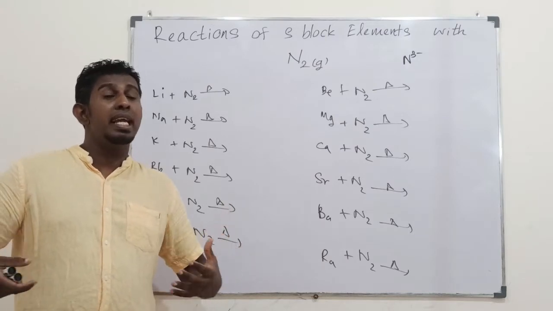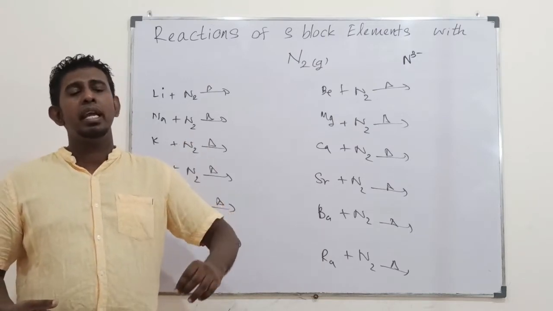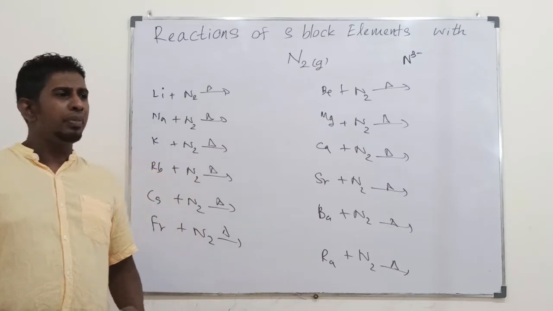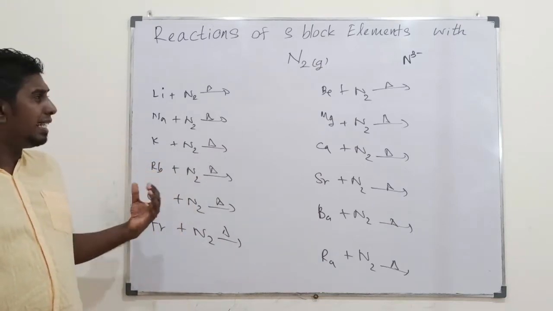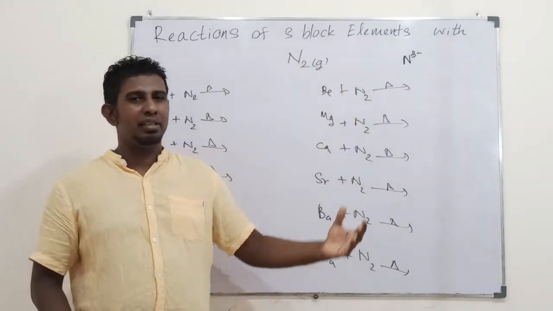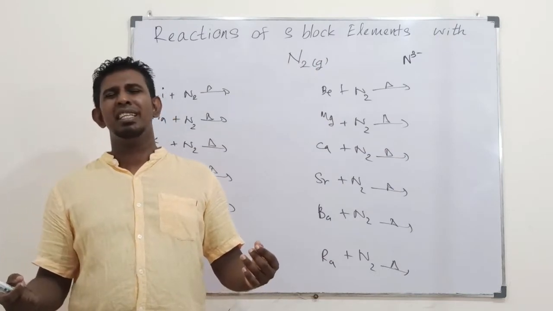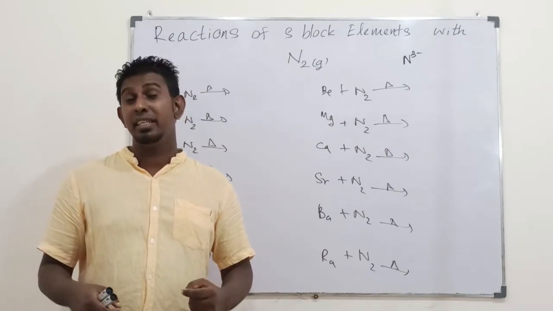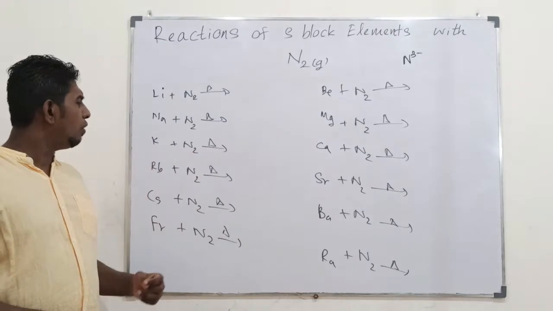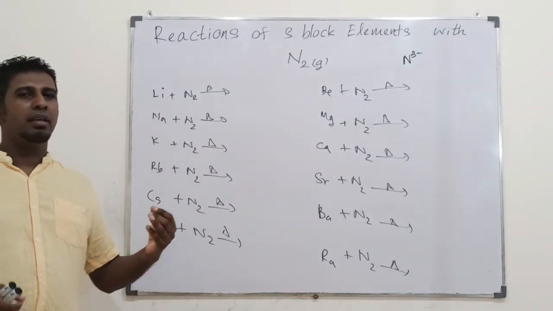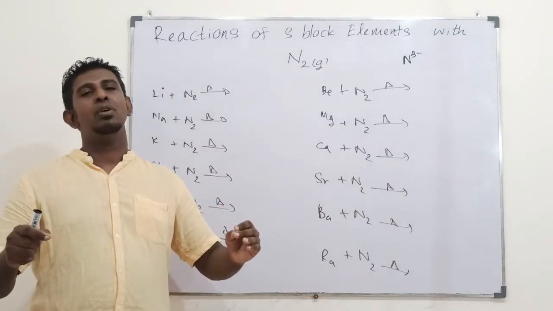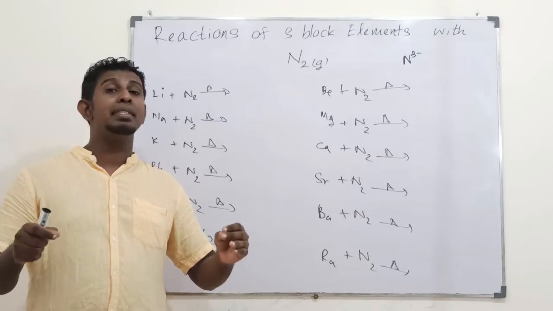With increase of the radius, their charge density would decrease. So they would not be eligible to control that high negative charge, which means their stability is going to decrease. So these first group nitrides are not that stable. Down the group, their stability is going to decrease.